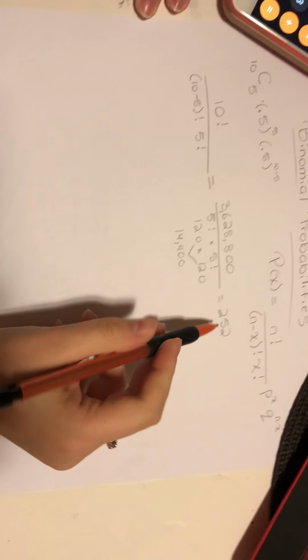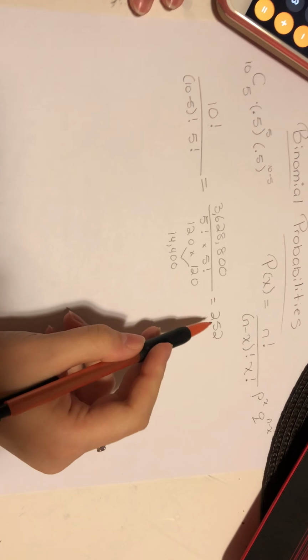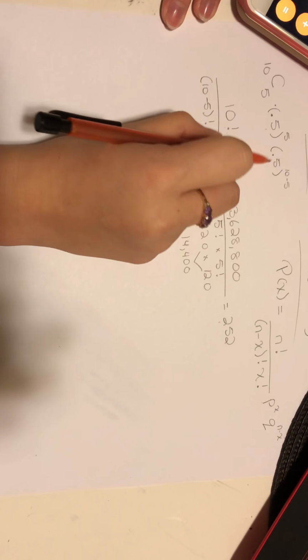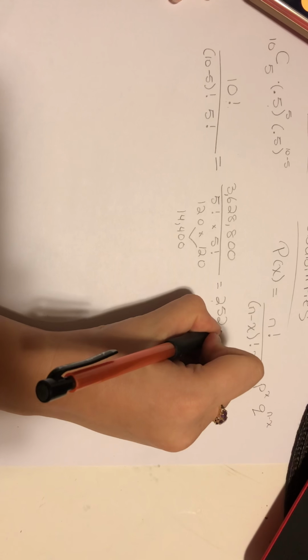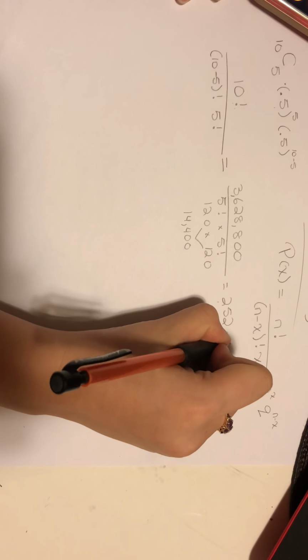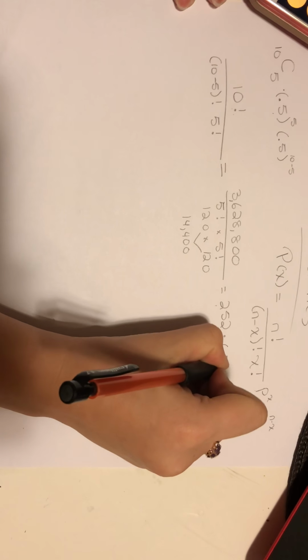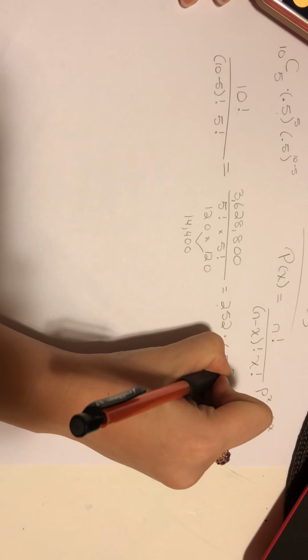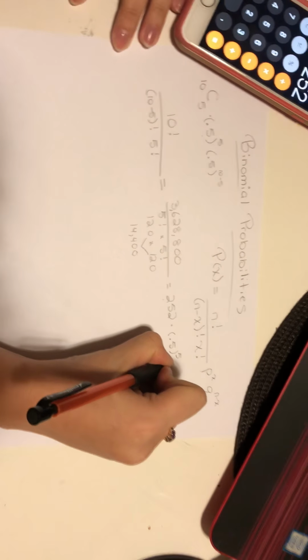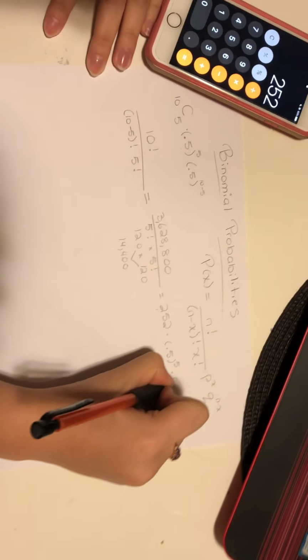Now with this number, we have to multiply it by our probability of success and our probability of failure.